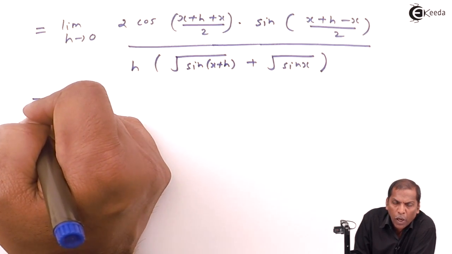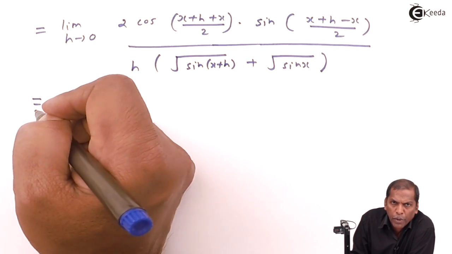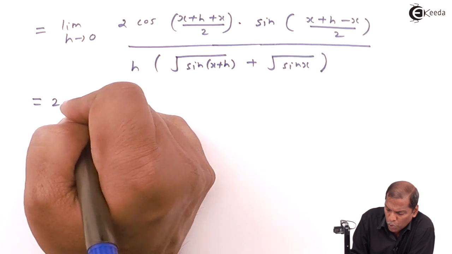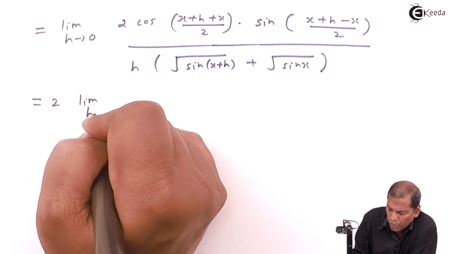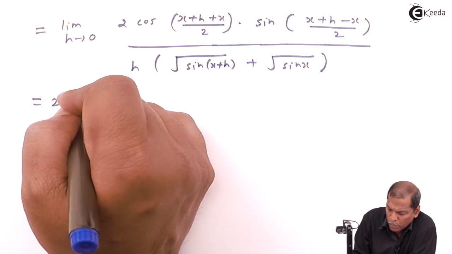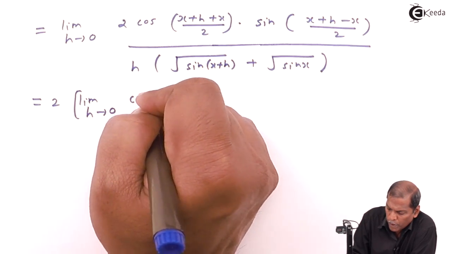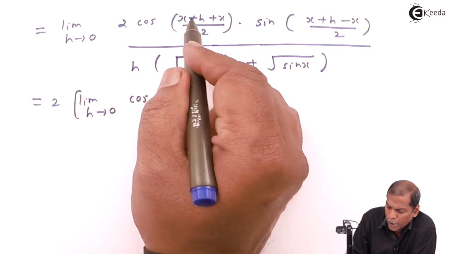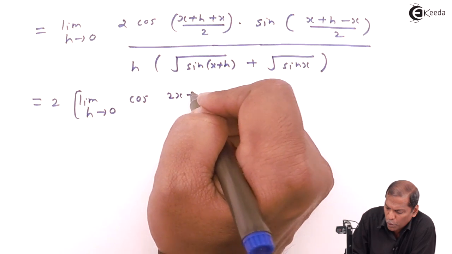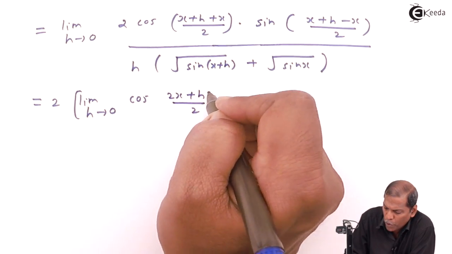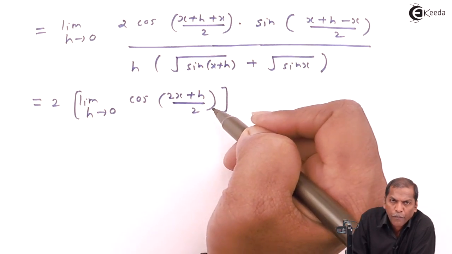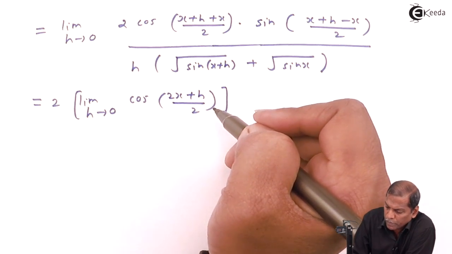that equals, now here 2 is a constant term, so we take it outside the limit, so 2 into limit h tends to 0 in bracket cos of, now here x plus x gives 2x plus h upon 2, and finally the square bracket is complete.